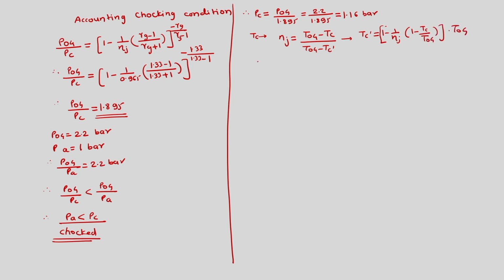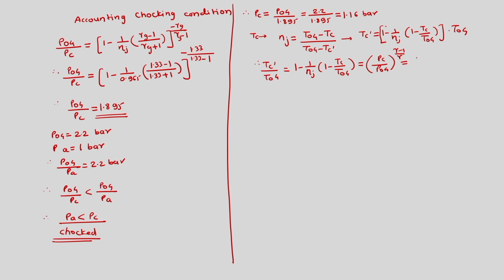So Tc dash upon T04 is 1 minus Nj into 1 minus Tc upon T04, but we know this is equal to Pc upon P04 bracket raised to gamma minus 1 upon gamma.